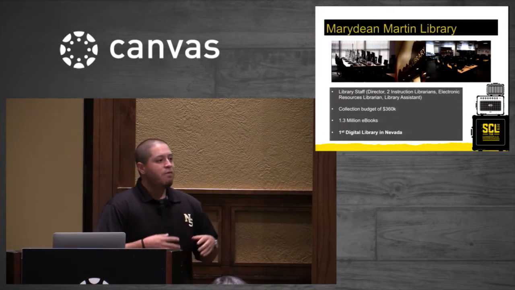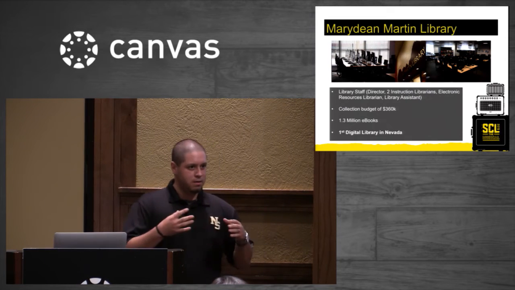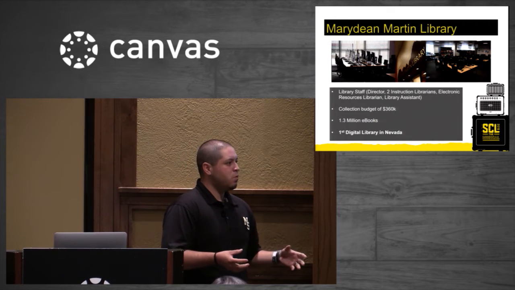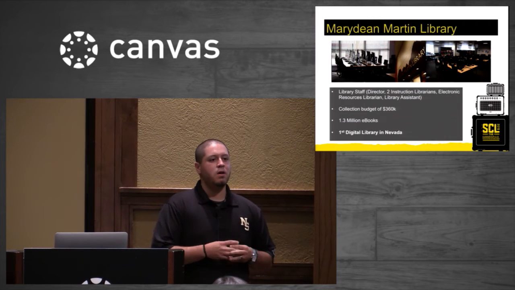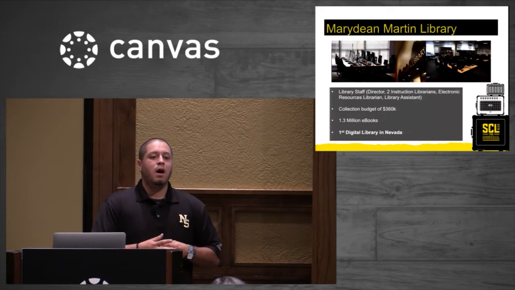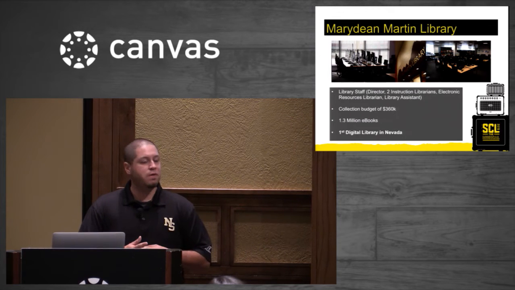So we have our physical collection. Right now it's going to be retrieval only once we move, so it's going to be to storage. And part of that reasoning is that the physical collection wasn't being checked out enough. A lot of the resources that were being accessed were online content. Anyway, so we're going to have it in our old space, the storage there, and we'll be able to retrieve those materials there.